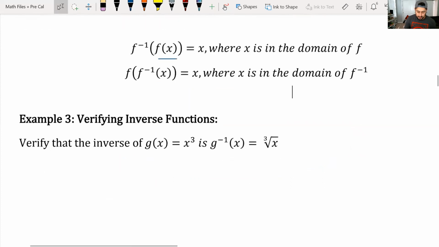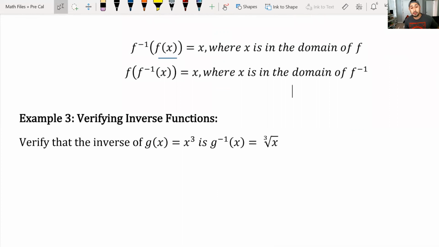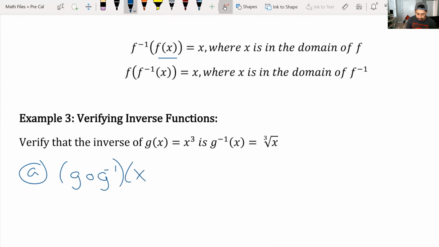So next example is just verify that these functions are inverses of each other. So the only way to do that is to compose them. So I'll call this A. We're going to compose them as g composed with g inverse of x. Then I get g of g inverse of x.